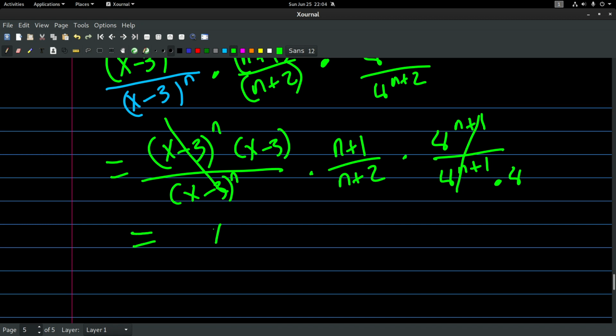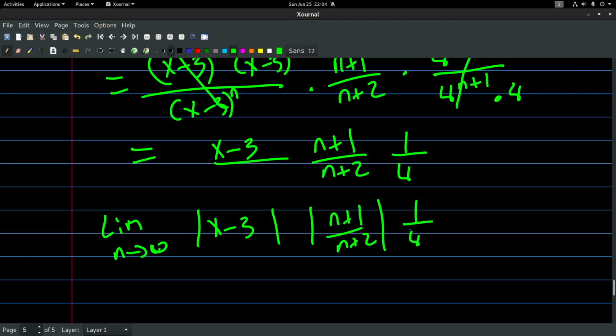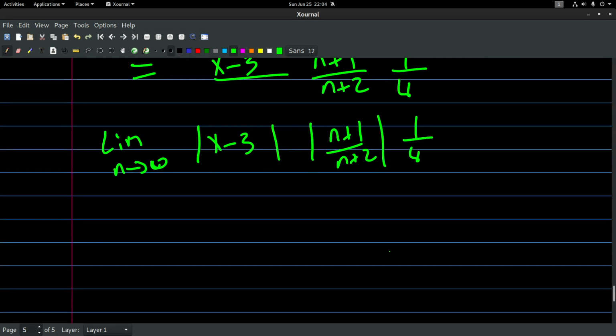Which is equal to x minus 3 times n over n plus 1, divided by 4. The limit as n goes to infinity of n over n plus 1 is going to be 1 divided by 1, it's going to be 1.